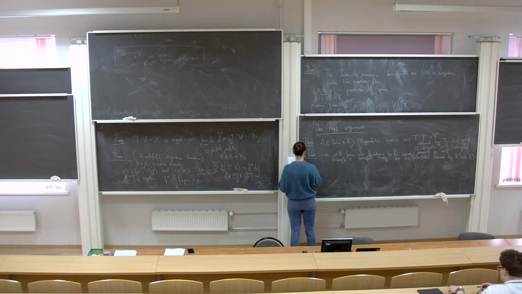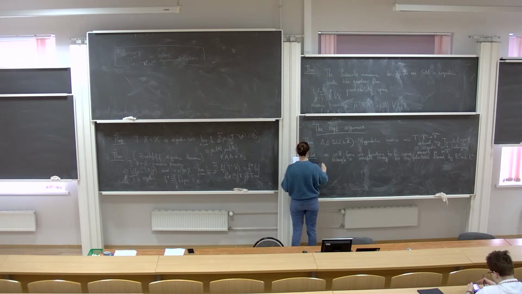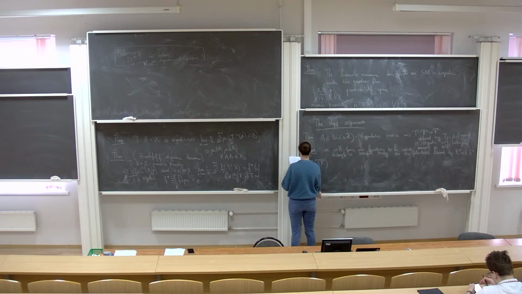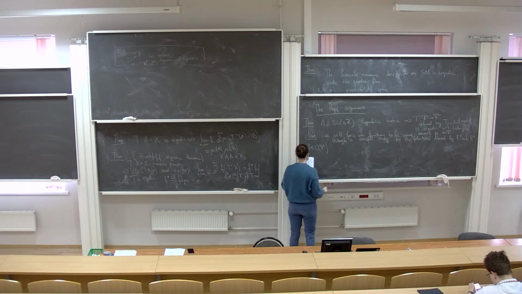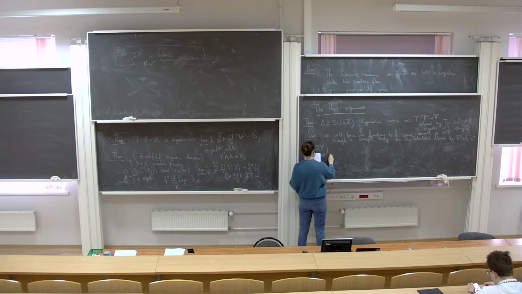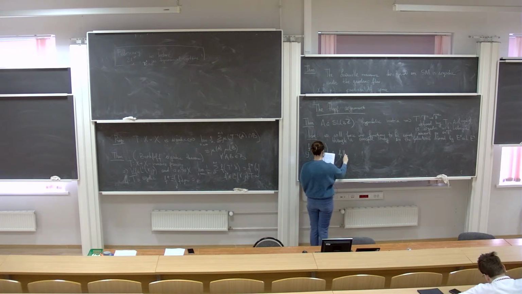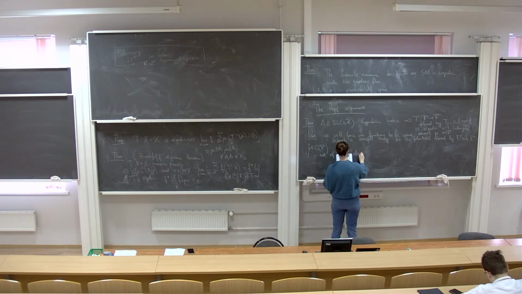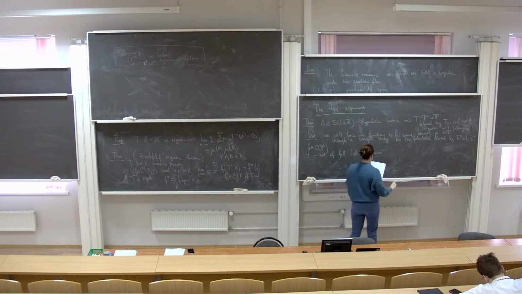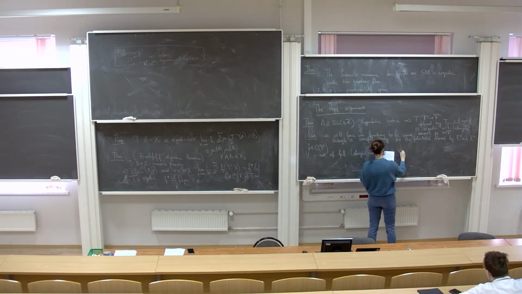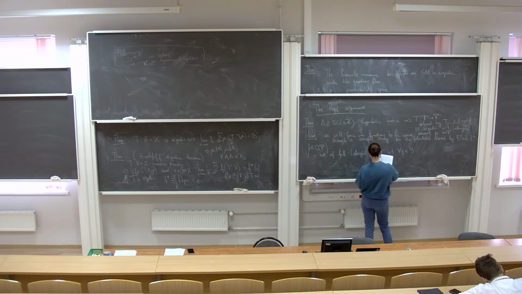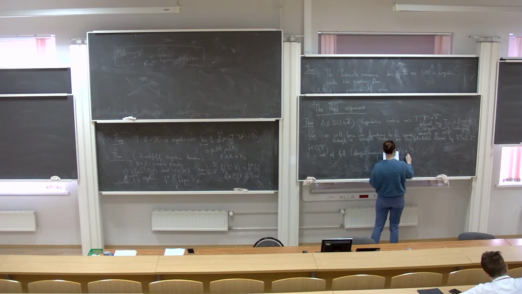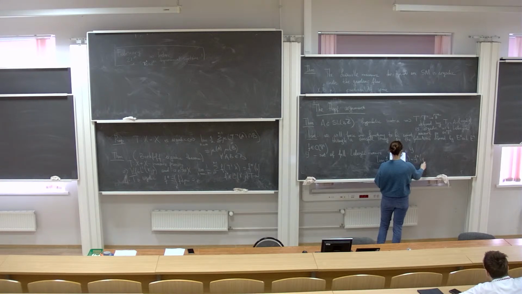So we take f, which is a continuous function on the torus, and we take Y, which is a set of full Lebesgue measure such that for any y in Y, the limit of the Birkhoff averages is equal to f star of y.